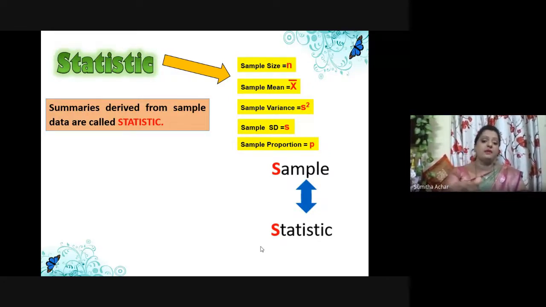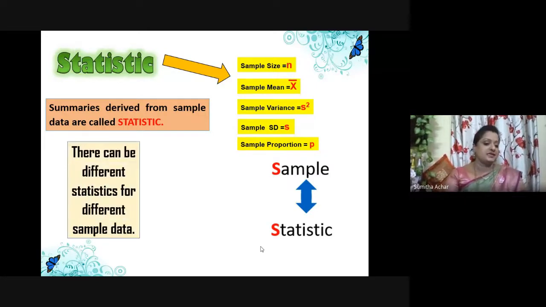When I inspected the 200 bulbs, I got an average life of three years, right? So that 3 years is a statistic. Out of 200 bulbs, 18 bulbs were defective. That 18 is also called a statistic, right? So there can be different statistics for different sample data.